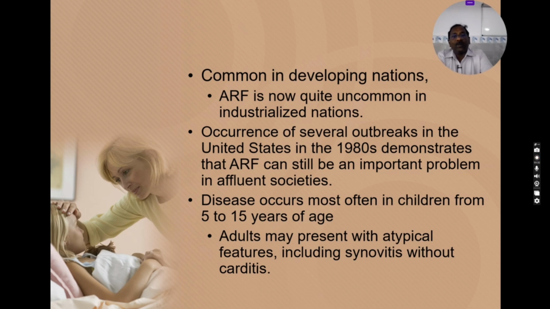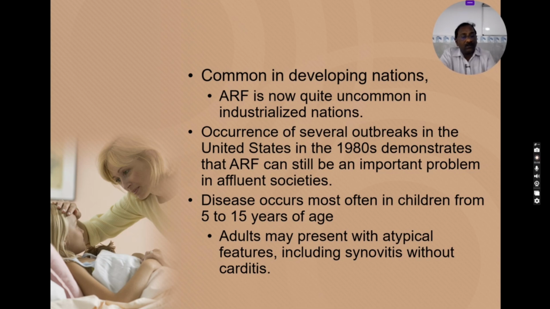Occurrence of several outbreaks in the United States in the 80s demonstrates that acute rheumatic fever can still be an important problem even in affluent societies. The disease occurs most often in children from 5 to 15 years of age. Adults may present with atypical features including synovitis without carditis.